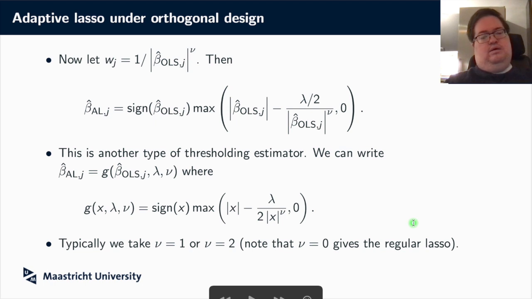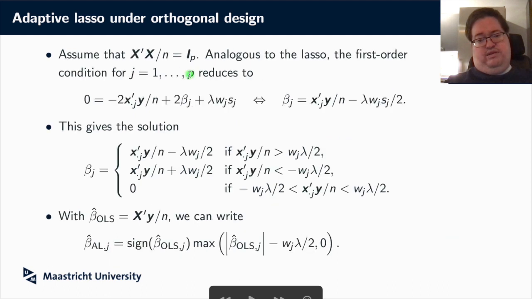So let's take, because we can do that in the orthogonal design case, our weight to be 1 over the least squares estimator. Because then we'll see some things start cancelling out, and we'll see how this adaptive lasso works. So we take 1 over the absolute value of beta hat OLS j to the power nu. I'll plug that in.